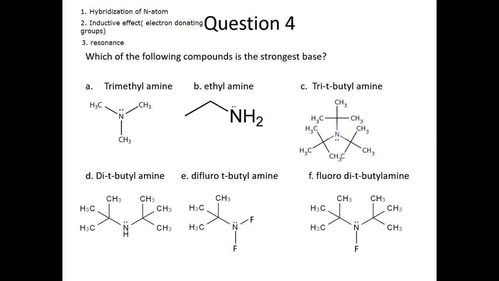First off, what's the hybridization of this nitrogen atom? And that is correct. It is sp3. Let me write that better. Undo. That's still worse.